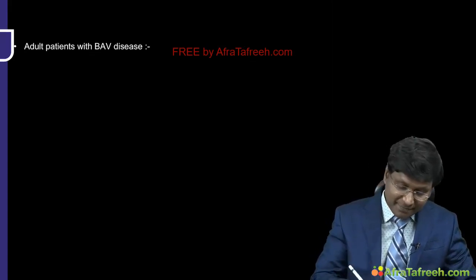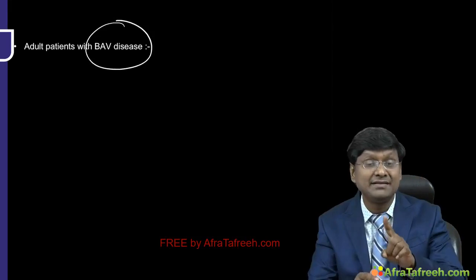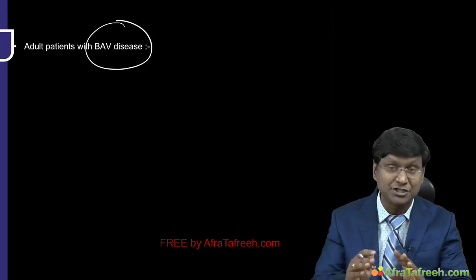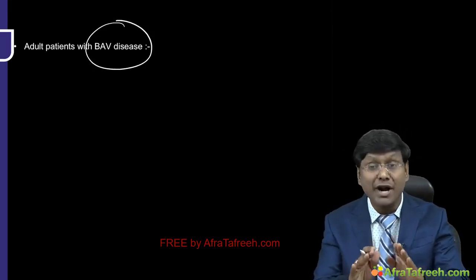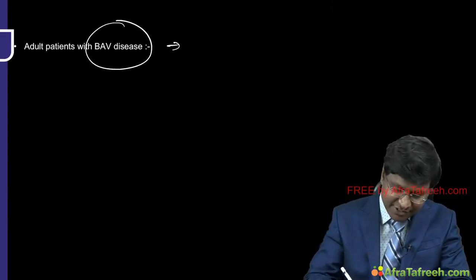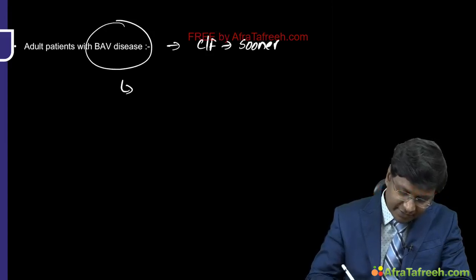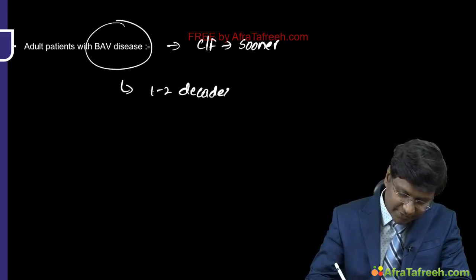Whereas in patients with bicuspid aortic valve, they develop significant valve dysfunction 1 to 2 decades sooner. So these patients become symptomatic sooner, within 1 to 2 decades sooner.